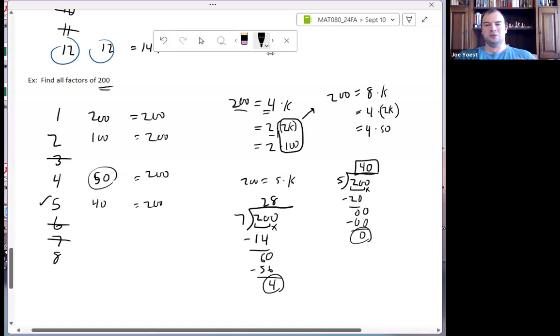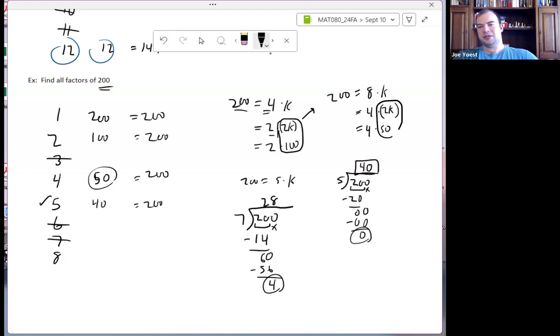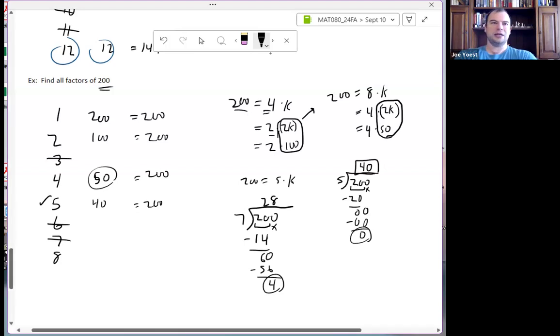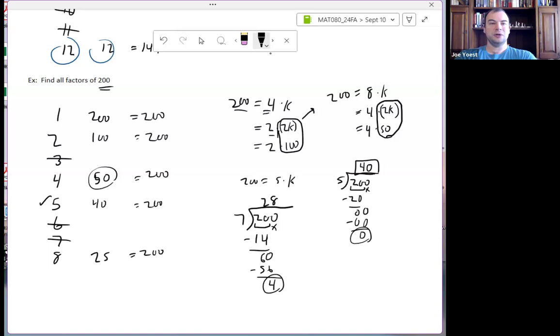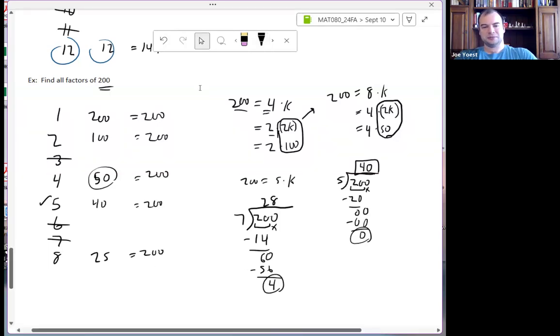So I'm using the fact that on one hand, if 200 is divisible by 8, it has to be able to be written as 8 times k for some natural number k, or that's 4 times 2k. And on the other hand, I know that 200 is 4 times 50. So just matching up pieces, 2k has got to be 50. Is 50 twice some number? Yeah, 50 is twice 25. So 200 is 8 times 25.